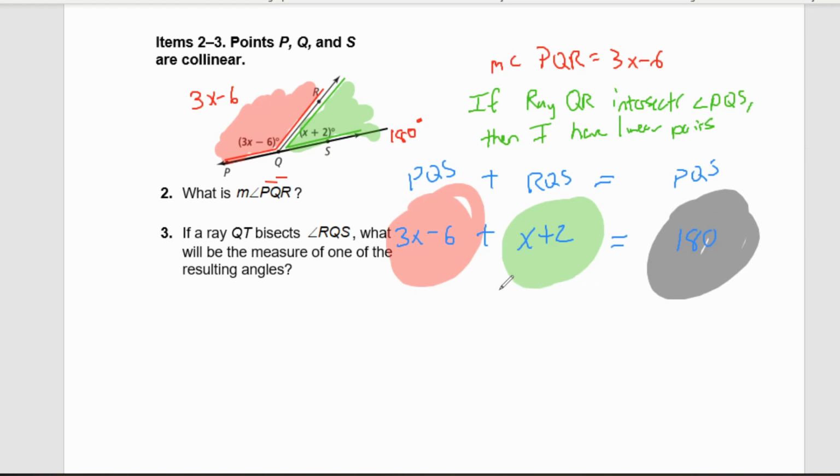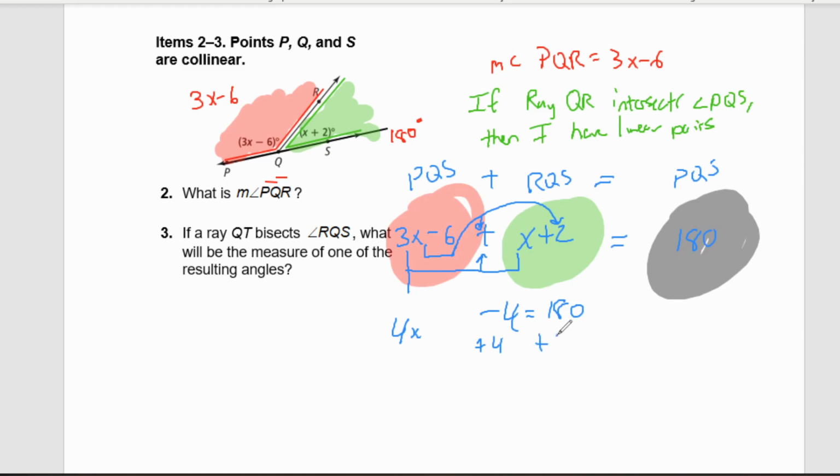From here, it's just solved by algebra. The first thing I want to do is combine like terms. These two together, 3x plus x is going to be 4x. And make sure I take the sign with me. Negative 6 plus 2 becomes negative 4. And this is 180. So my new expression is 4x minus 4 equals 180.